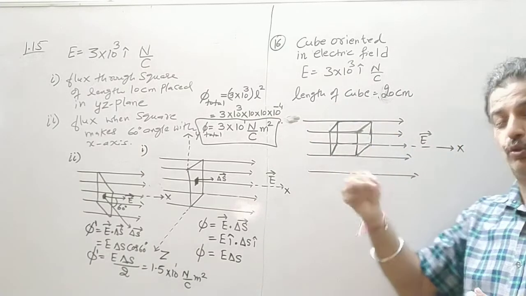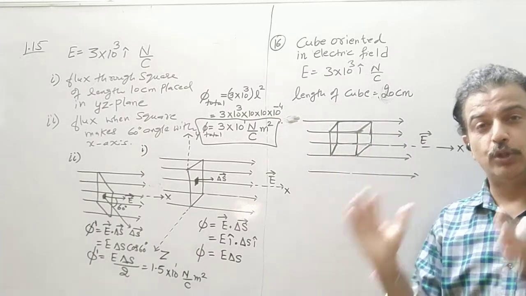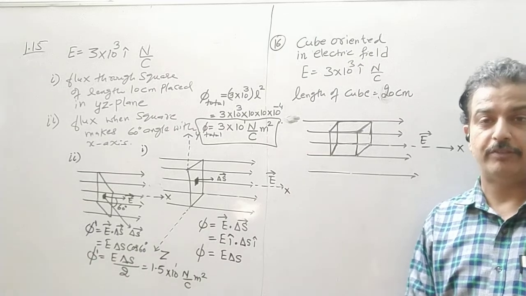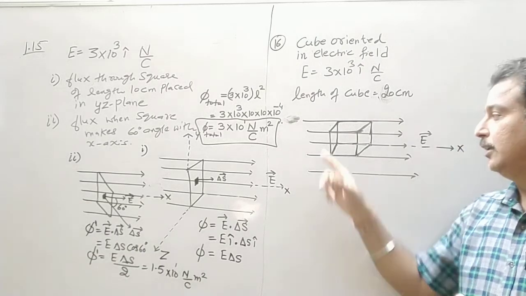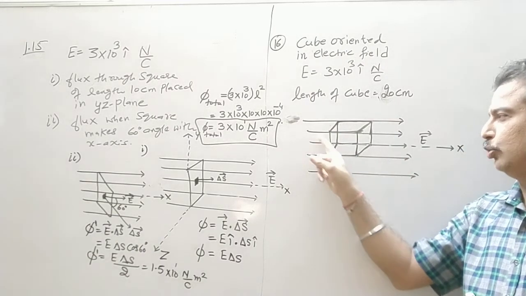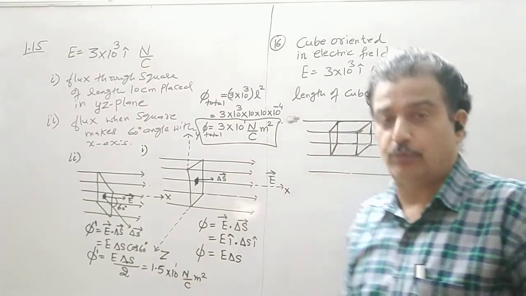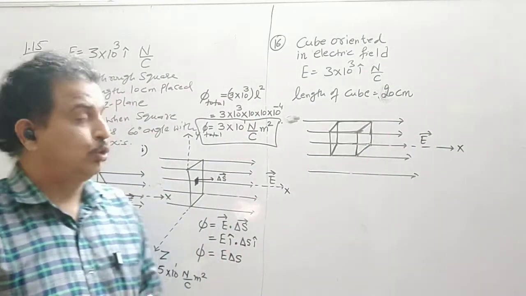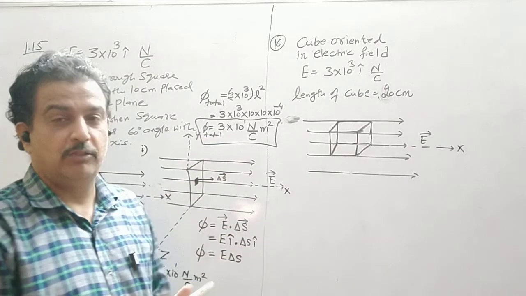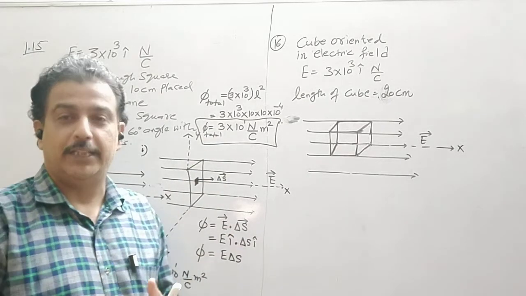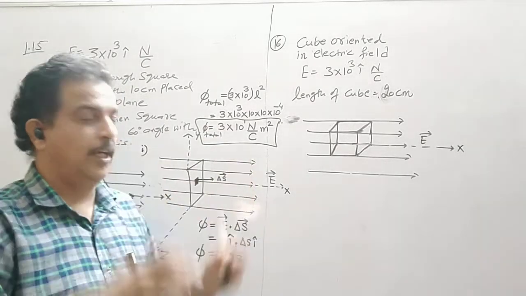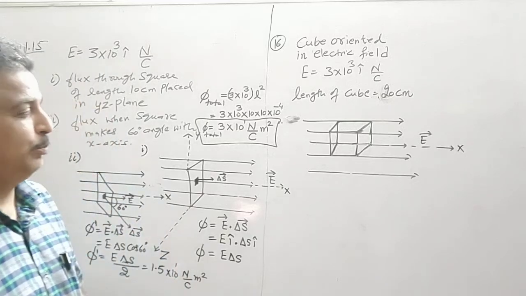So if I want to count a number, though we don't count a number, we see the density of the field lines. Here still I count a number 1, 2, 3, 4. So 4 field lines enter from one side, 4 field lines come out from the other side. So total flux linked with this will be 0. Now we will prove it. Earlier we have directly learned this, the flux should be 0.